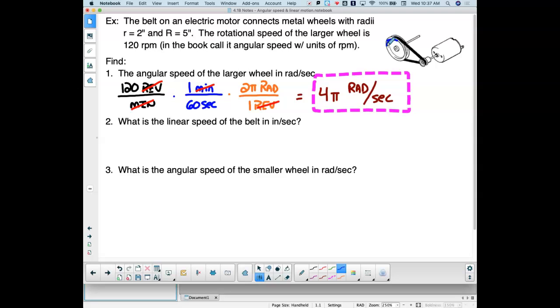So what we need to do is say this is 4 pi radians per second, and that then has to be converted into inches per second. Well, 1 radian on the big pulley is 5 inches.